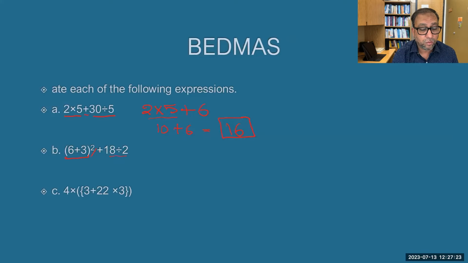So first, the sum inside the bracket is 9, then the exponent, plus 18 divided by 2. So it's going to be 81 plus... I'm doing each and every step so that you can understand.